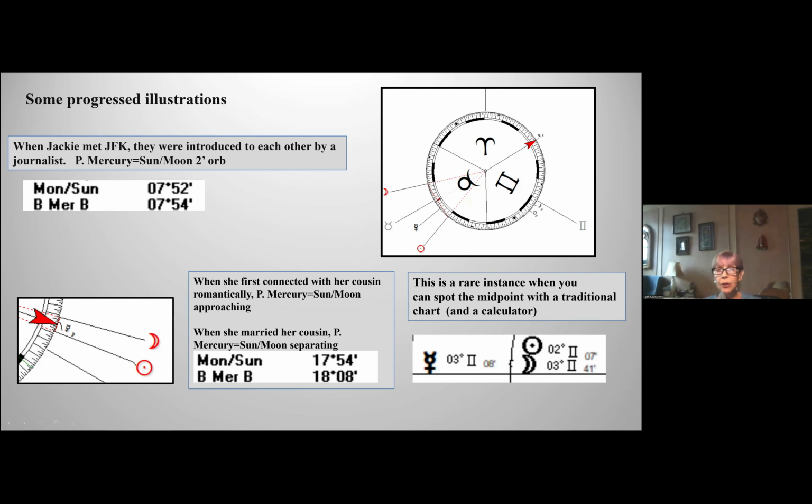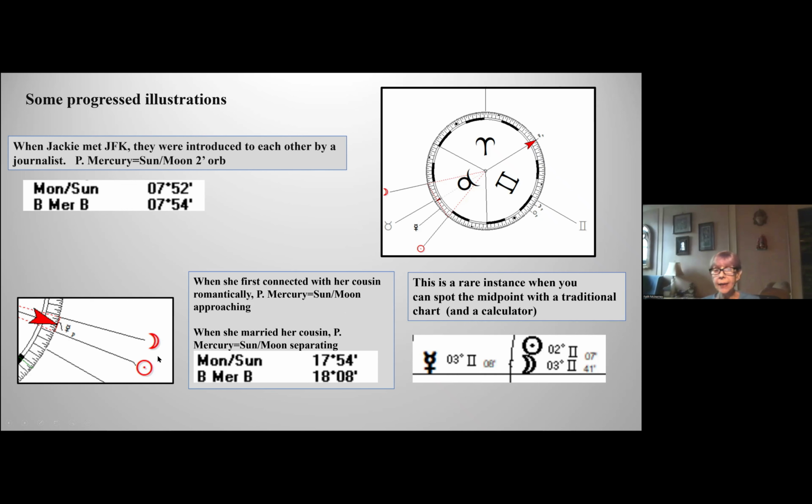Now, here's an example of how you'd never really be able to get the orb without a calculator. But if you use a sort, you see the orb exactly for the progression. Very efficient. Same thing here. This is, I believe, Queen Victoria, and when she first connected with her cousin romantically, who she eventually married, she had progressed Mercury approaching the Sun Moon midpoint.